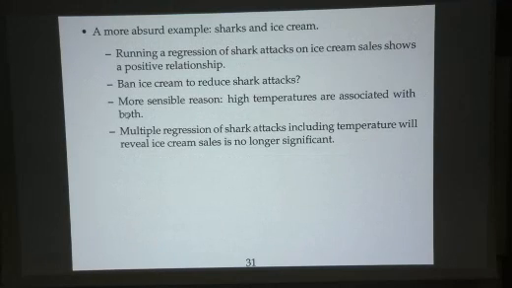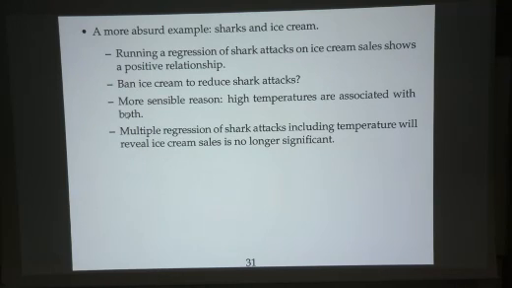Here is a more absurd example. You run a regression of shark attacks on ice cream sales, but there is a confounding variable, which is high temperature, which is associated with both the ice cream sales and the shark attacks occurring at the beach.